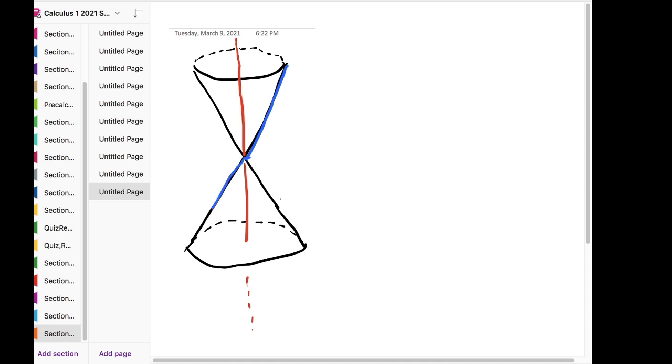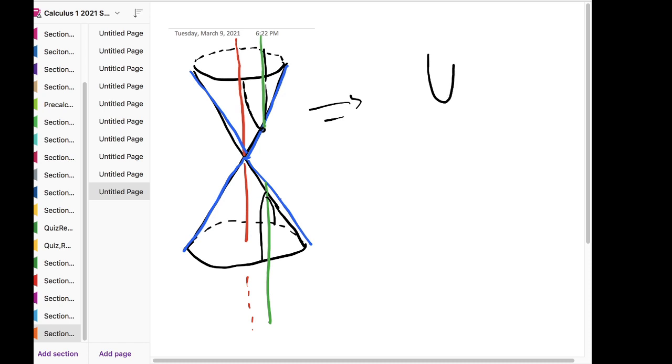The hyperbola is a cut that is parallel to the axis. So the shape that pops out is like this. If you were to bring that outward, it would be something like this. So these would be the hyperbolas.